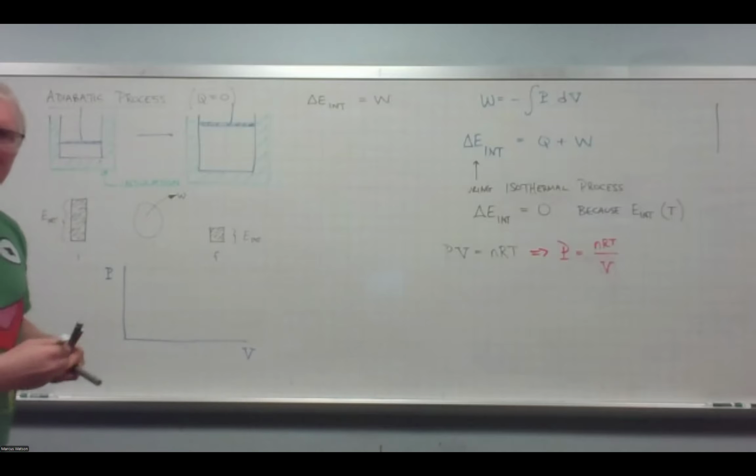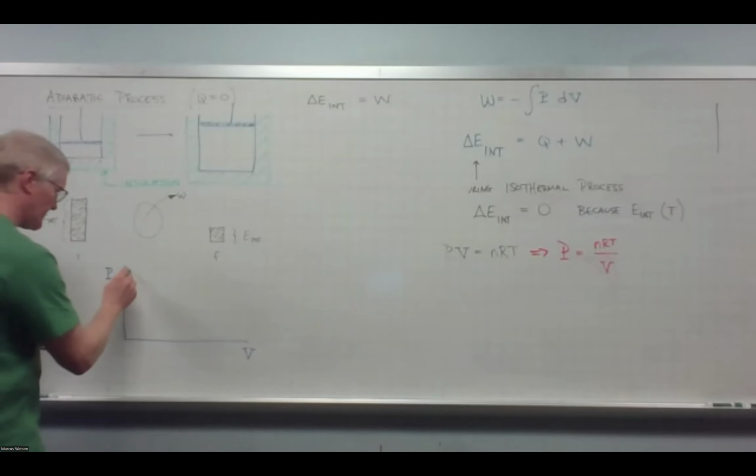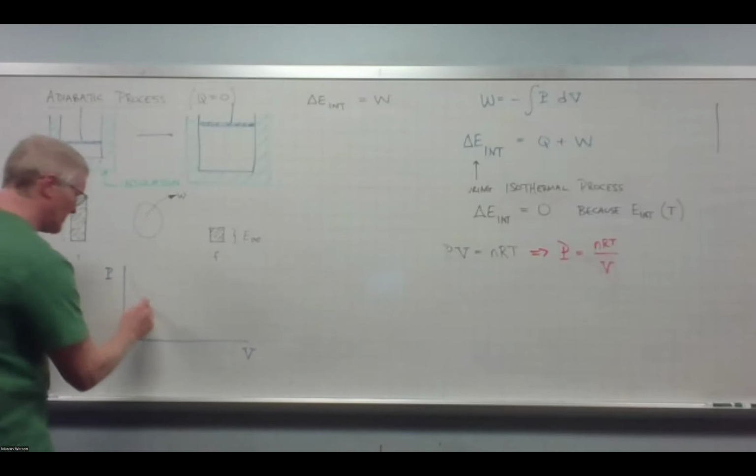I'm going to sketch up my isothermal lines here, just so you can get an idea, and you'll see why in a minute. Let's see. I think you can see those. They're faint. That's okay. I'm not going to use them too much. But here's an adiabatic process. An adiabatic process, an expansion, for example, might start here.